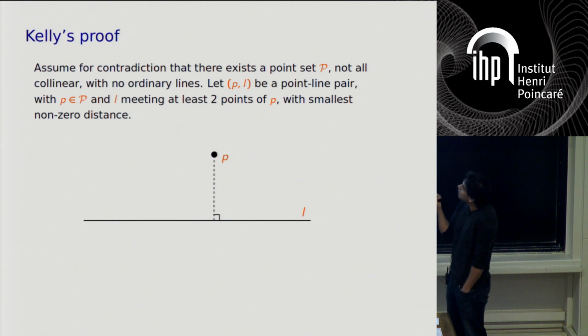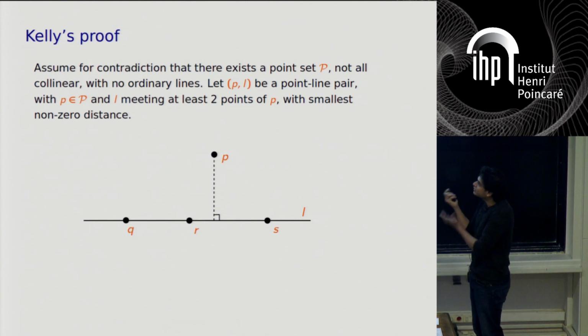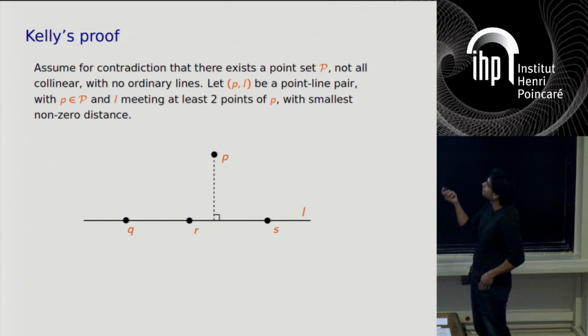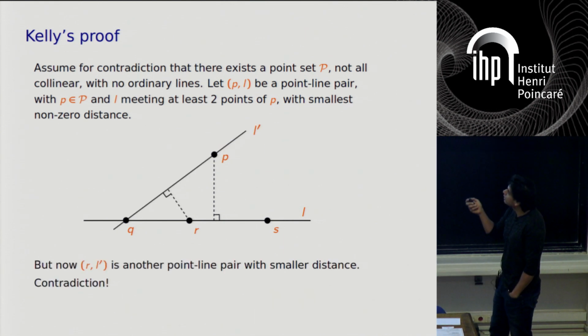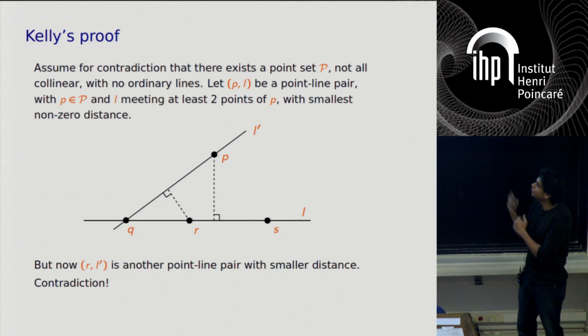Now L must contain at least 3 points. So here are 3 points on my line. And now it's easy to see the contradiction because I can find another line, L prime, and I know that the distance between R and L prime is smaller, so I get a contradiction. So that's a really simple proof by Kelly of the Sylvester-Gallai theorem.